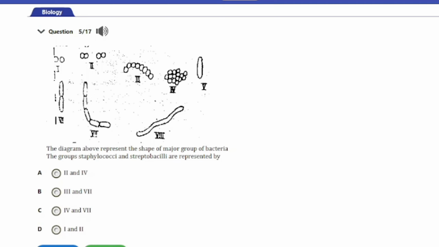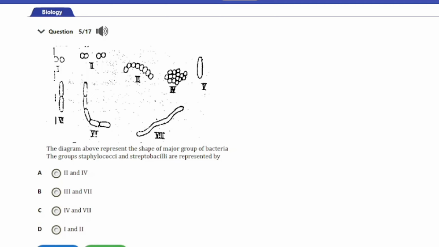The structure IV is the Staphylococci. It's from the cocci family, the round-shaped bacteria. But you see the way they are clustered here, that makes it staph. Whereas you have Streptobacilli as VII.